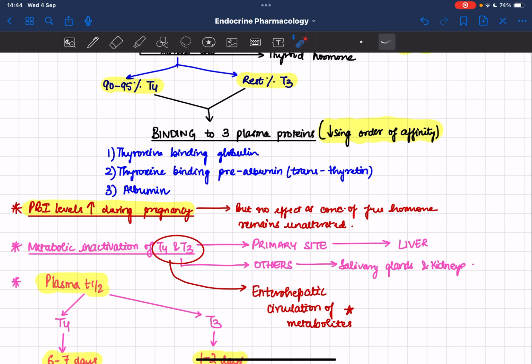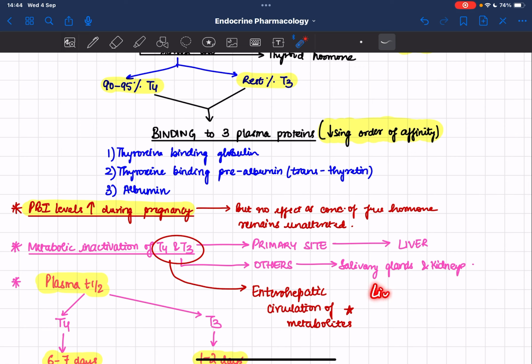Now, how does metabolic inactivation of T4 and T3 occur? The primary site is again the liver. Other sites are the salivary glands and kidneys, but the major site is the liver. It occurs by sulfonation, glucuronidation, and many other things, and once inactivated, it is secreted via bile, and enterohepatic circulation also occurs.